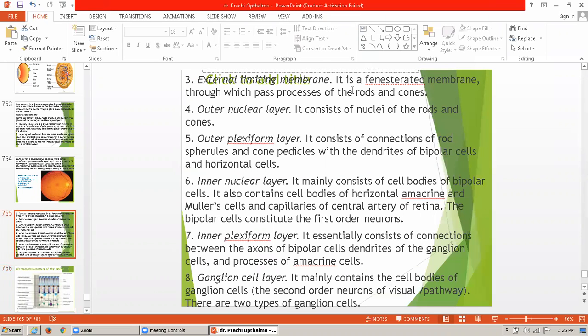The external limiting membrane is a fenestrated membrane through which pass the processes of the rods and cones. Then the outer nuclear layer. It consists of nuclei of the rods and cones.